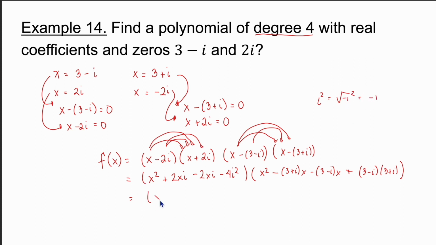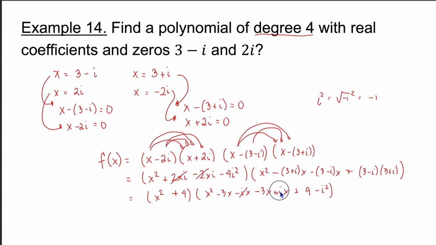So we now have x squared. Ito magka-cancel out. Minus 4 times negative 1. So magiging plus 4. Times, so we have x squared minus 3x minus ix minus 3x plus ix plus, okay, this is now 9 minus i squared. So, ano magka-cancel out?